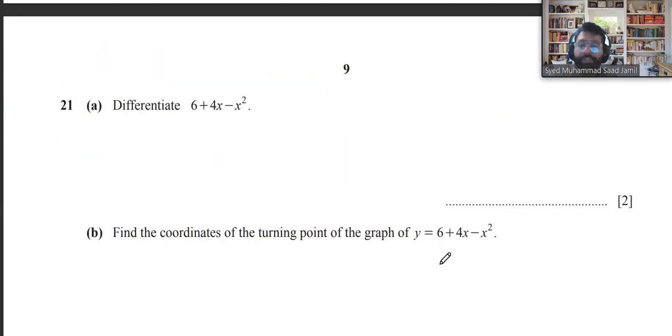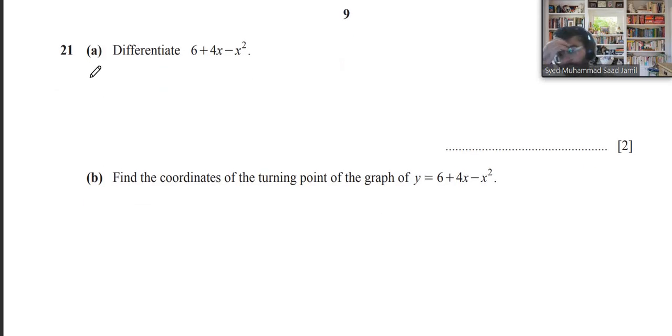Next question says differentiate. If you guys want to learn differentiation as well, I have a video in which I have done advanced differentiation as well. Anyways, for differentiation, first of all, y is equals to 6 plus 4x minus x square.